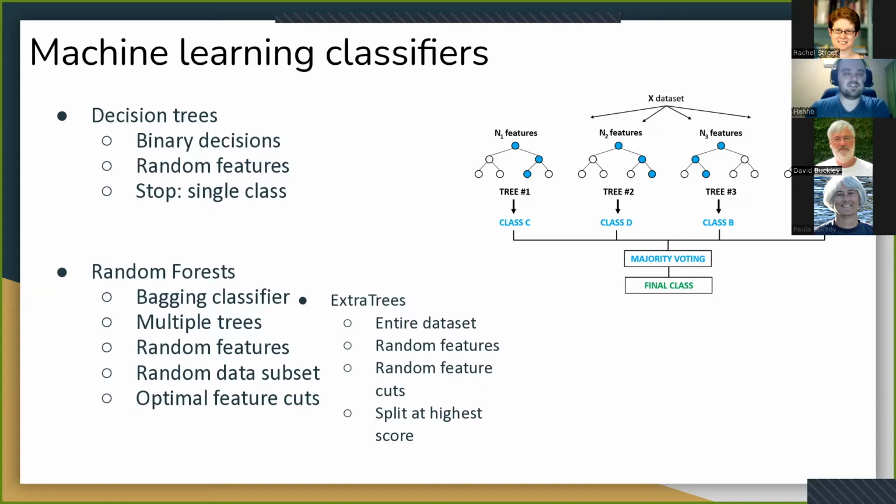But a decision tree is very, very inaccurate and is very, very prone to errors. So what we do is we use a bunch of decision trees, thousands or millions of them, and combine them into what is called a random forest, which is a type of bagging classifier. And it looks at the average classification of every single decision tree in the forest.